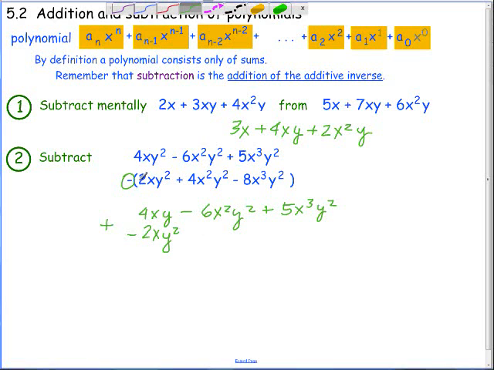So this positive 2 inside the parentheses, remember it is positive, becomes a negative 2, positive 4 becomes a negative 4. And the negative, and then I can simply add these together.